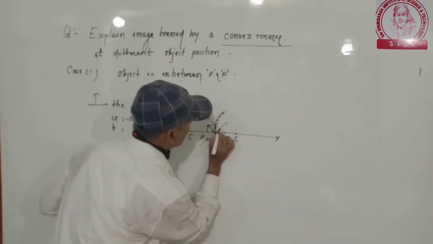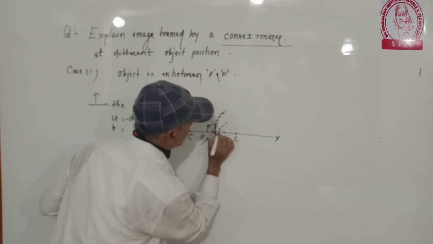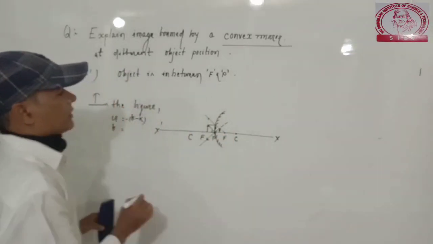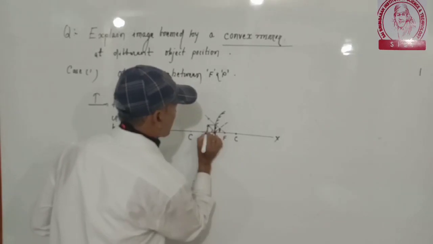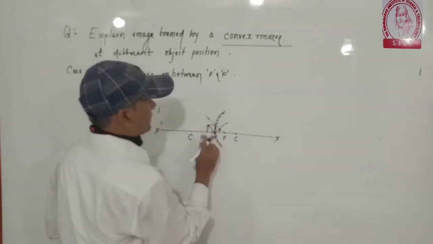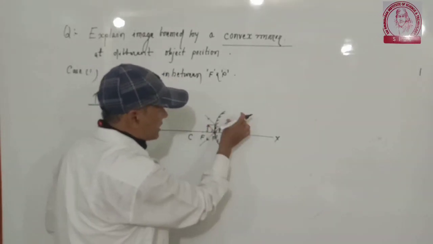What happened? The image is formed here. The image is smaller than the original object, you know. This is the object, this is the image. The image is very small.